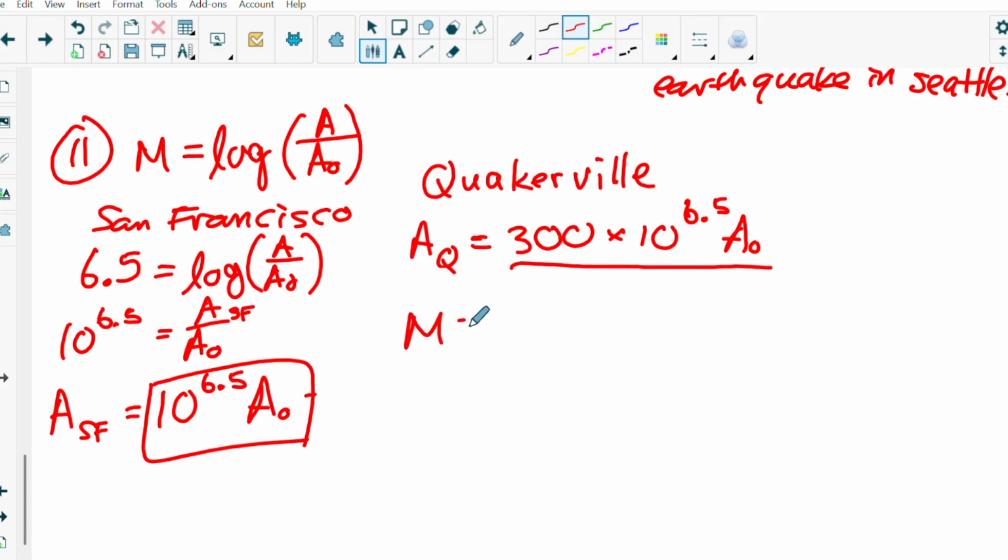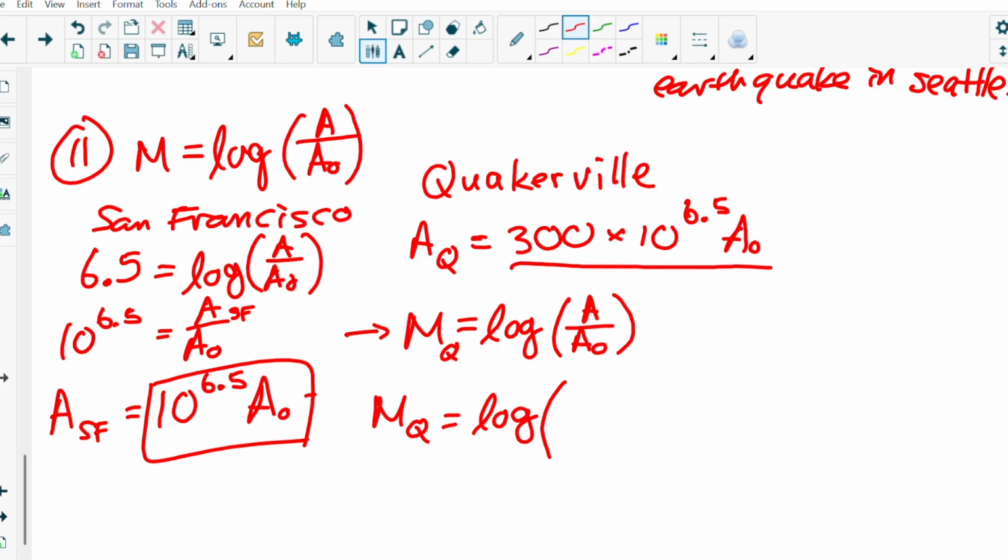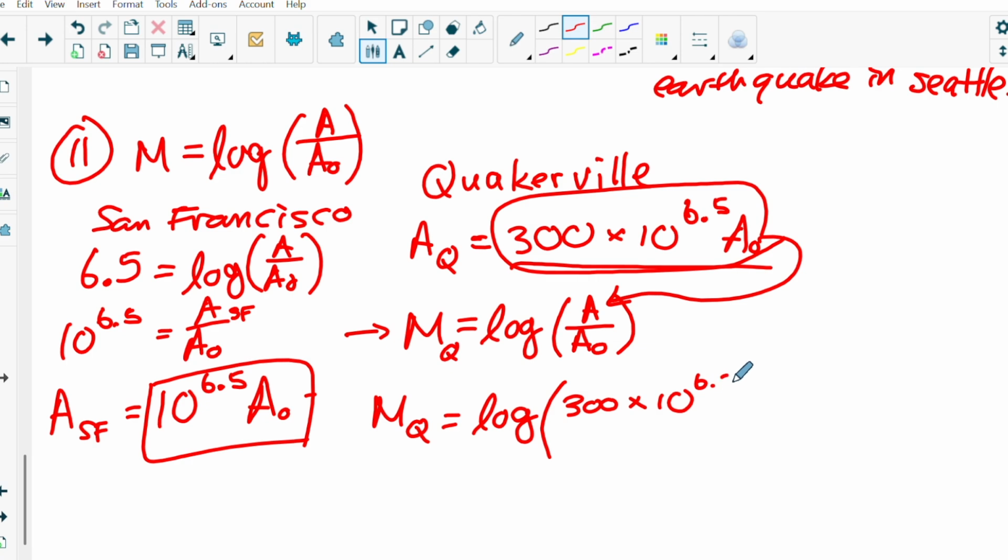Okay, so if I have the equation, we need the magnitude. What's the magnitude of the earthquake in Quakerville? So magnitude of Quakerville earthquake, that is log of A divided by A naught. Okay, so the magnitude of the Quakerville earthquake is log of this entire thing, my A value on the top, so that's 300 times 10 to the 6.5 A naught divided by A naught, which is our reference earthquake.